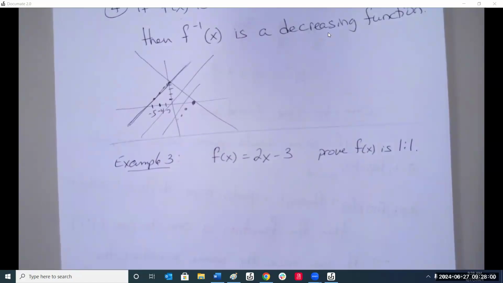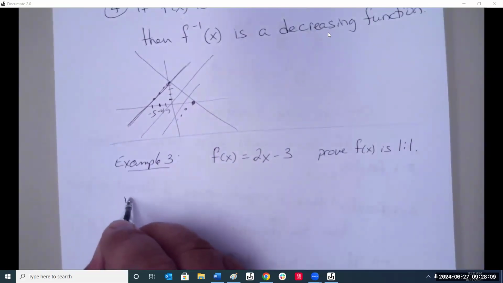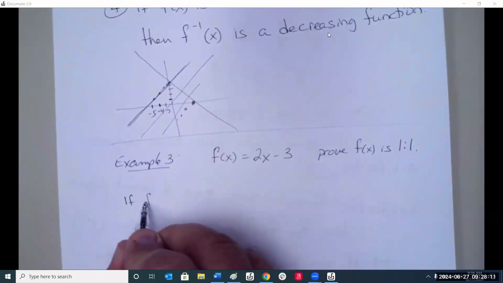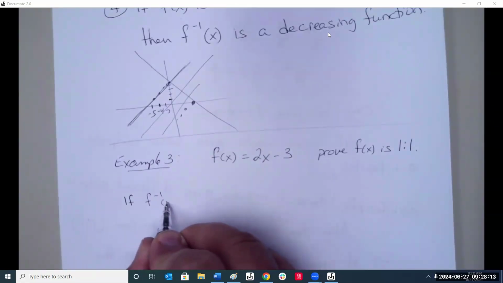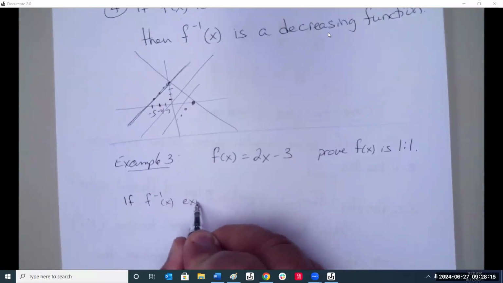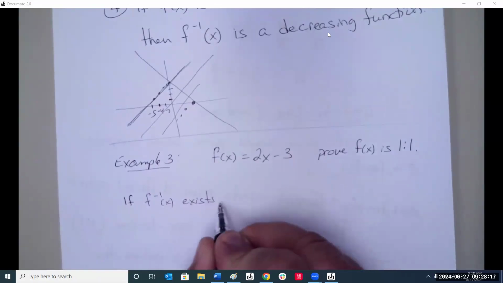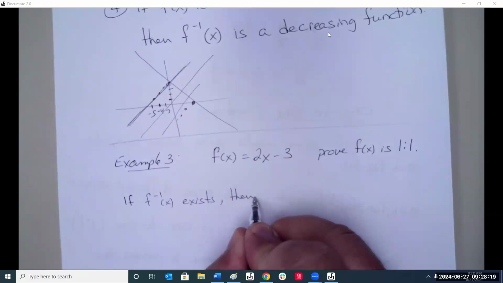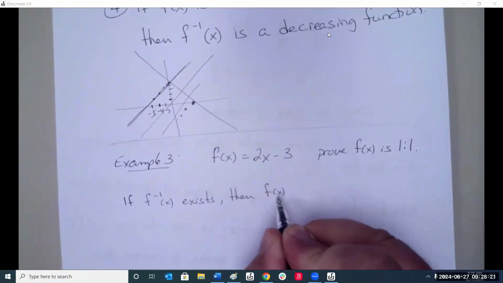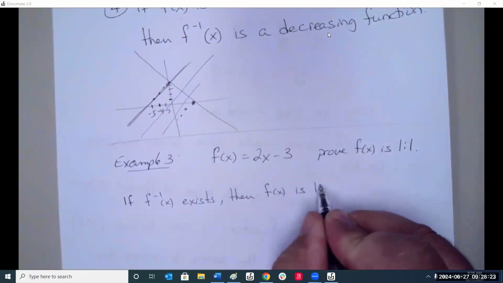The way you test it, or actually there are two ways to test it. And the first way we'll do it algebraically. If the inverse exists, then f of x is 1 to 1.